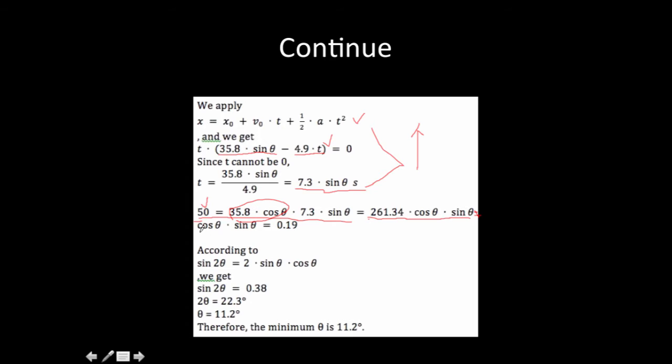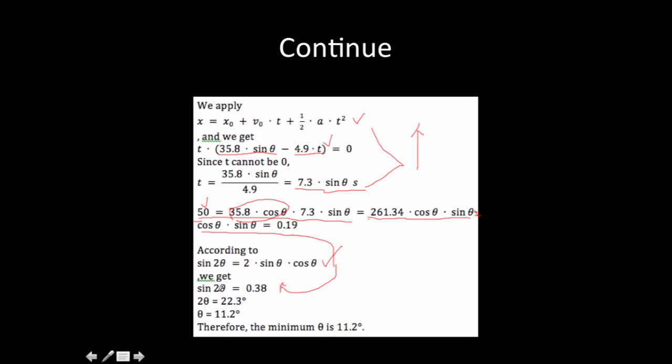Okay, so this is the result we get, and according to the same formula just now, sine double theta equals 2 times sine theta times cosine theta. So we can transfer this formula into that.